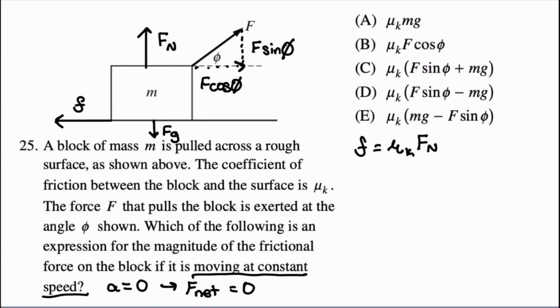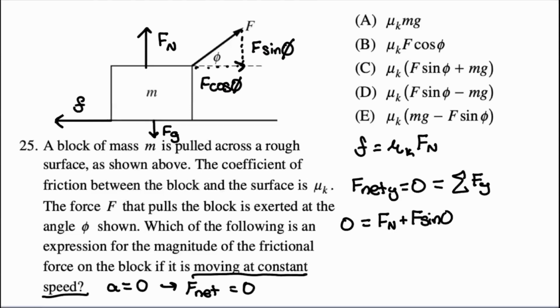Well, in order to find Fn, we need F net in the y, which is going to be equal to 0, and it is the sum of all of the forces in the vertical direction. So 0 is going to be equal to Fn plus F sine phi minus Fg.